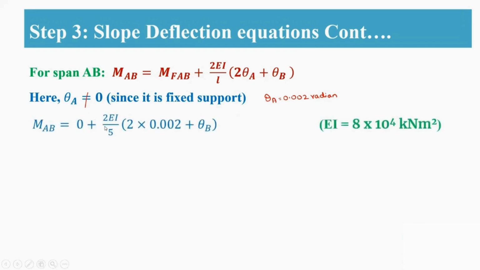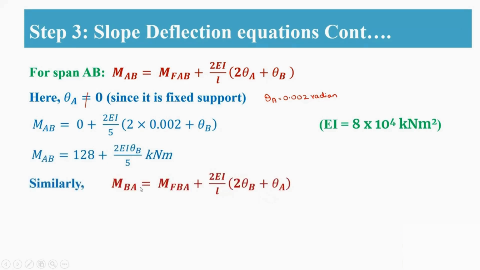Then MAB, by substituting, since there is no fixed end moment, it is 0. By substituting everything, you get MAB equal to 128 plus 2EI into theta B by 5. Similarly, you get MBA in the same manner.